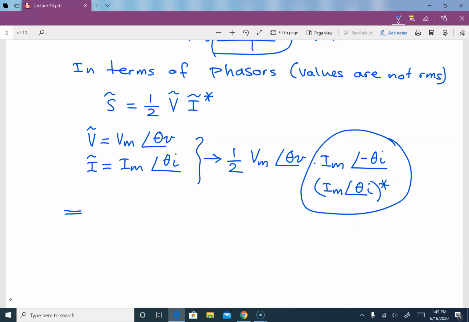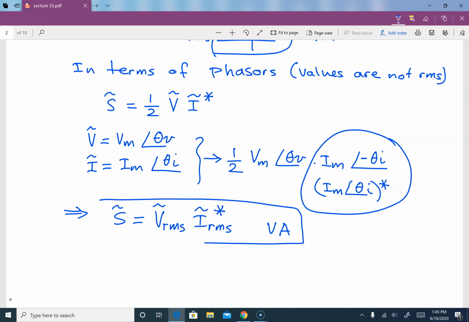So this is equal to, if we are using RMS values, VRMS times IRMS conjugate, and that is in volt ampere.